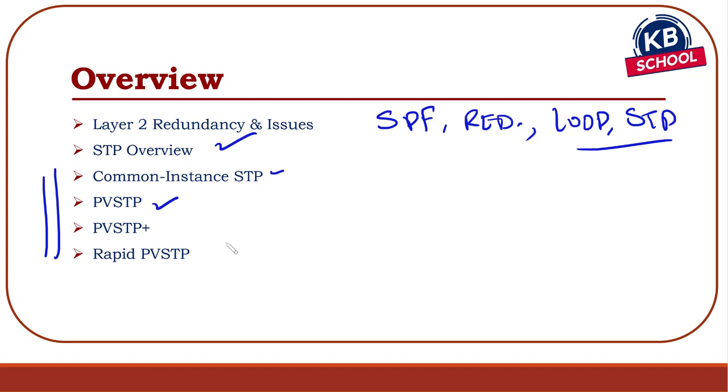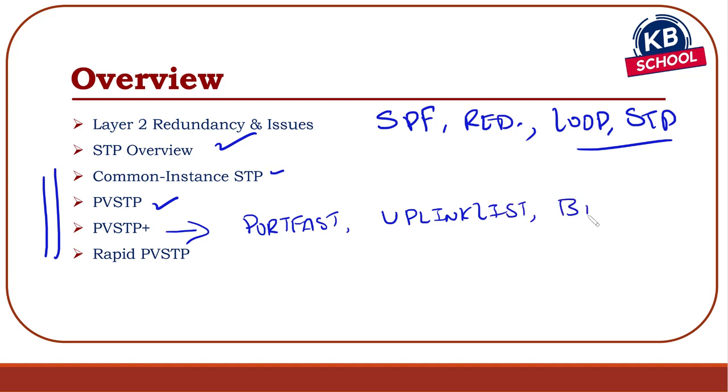Once this was in place, Cisco came in and said, let's enhance it for the edge ports, the end ports, by including a feature like PortFast. There are other features, like an uplink fast feature and a backbone fast feature, that give enhancements in terms of convergence time, which we'll take a look at in the CCNP switching class.